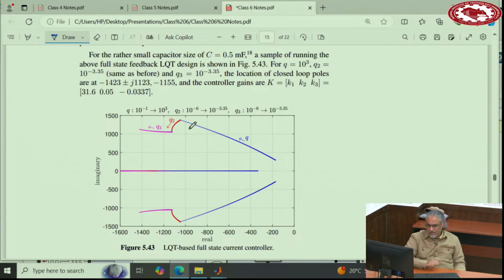So for instance, one pole is here at negative 1400 plus minus j11 to 23, and one pole is at negative 1155 here. That means you have a speed response of about 1 millisecond for the current loop.